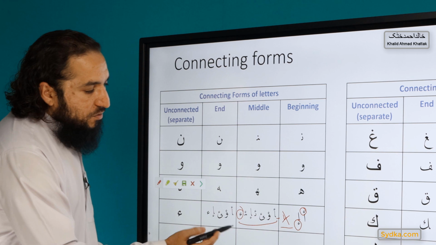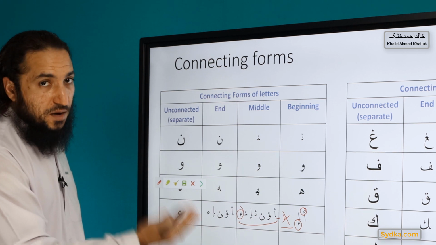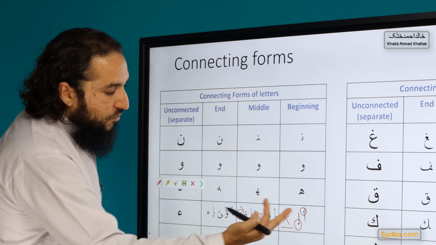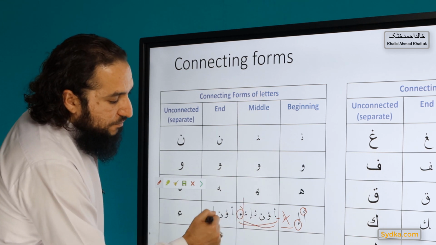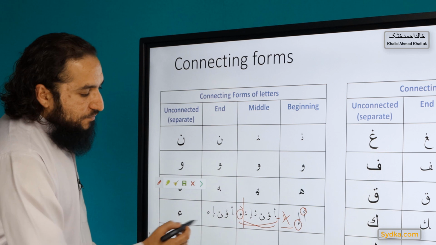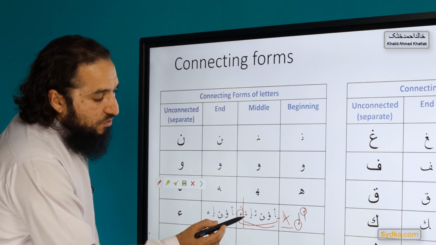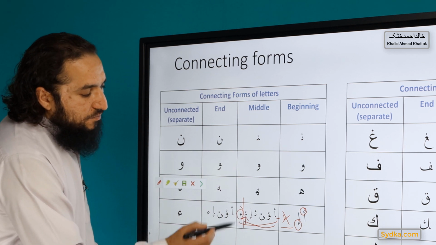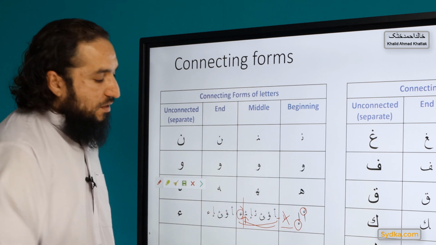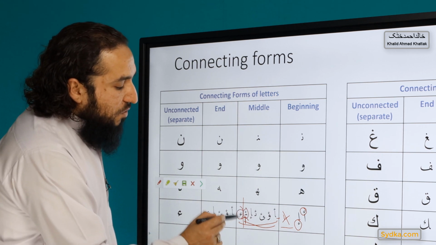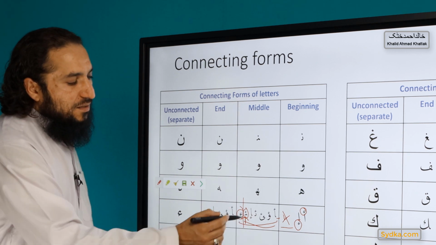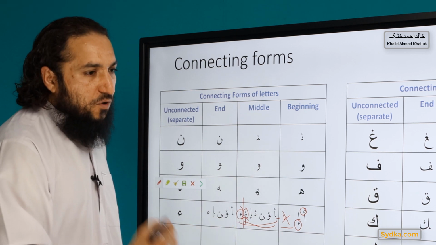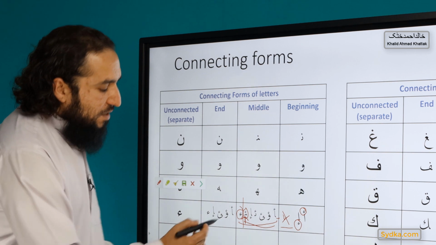But you cannot connect other letters after it. You can connect letters before it in these conditions, but not in this one, and not after it. You can connect only in this form, or other letters after it as well. So in a way, some forms you can connect, and other forms you can't.